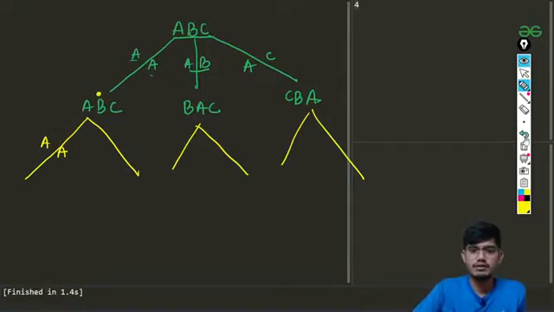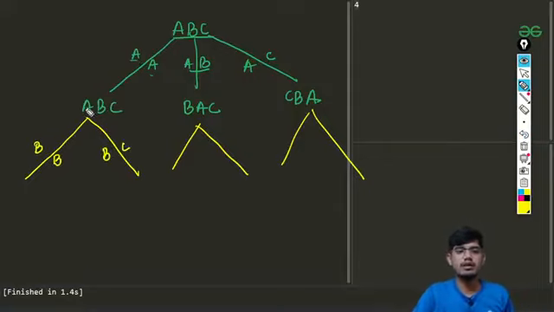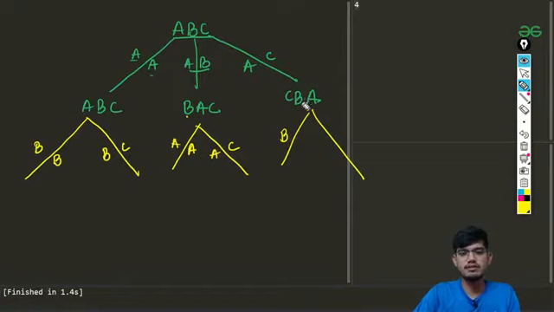So I'll go to the next part, which is B. A is already done, now I'll swap B with B, and then I'll swap B with C. A with B is already done here, so I'm not considering A with B, I'll consider B with B and B with C. And for the next one, I'll consider A with A, and A with C. For this also I'll consider B with B.